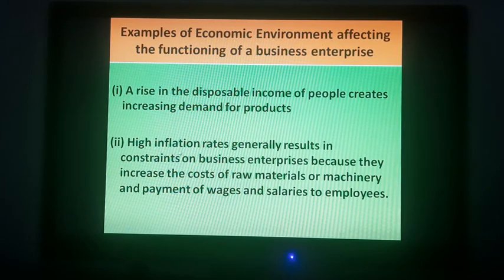If the inflation rate is high, the raw material which we were purchasing for 100 rupees, we now have to buy for 200 rupees. So a high inflation rate will affect the business. That is one of the examples of economic environment.